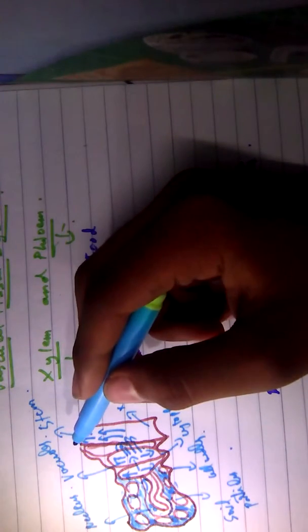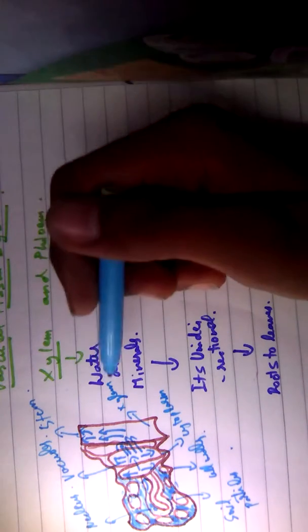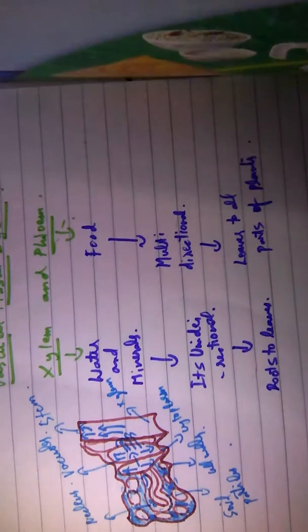This suction is called ascent of sap. The fluid containing water and dissolved nutrients is called sap, and the movement of sap through xylem is called ascent of sap. This suction is also called transpiration pull, because it happens due to transpiration, right?